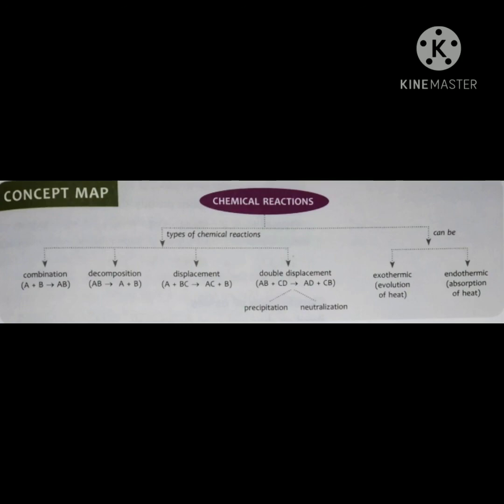Then in any of these chemical reactions, if heat is produced, it is known as an exothermic reaction, and if heat is absorbed, then it is known as an endothermic reaction.